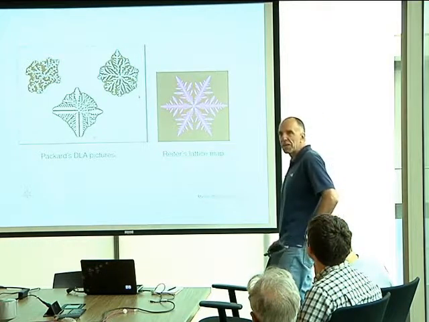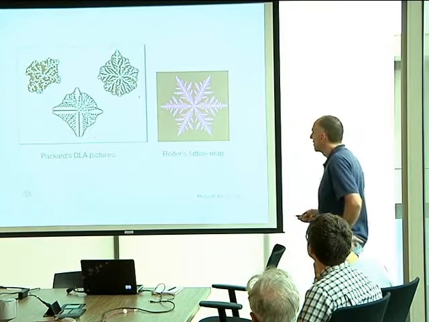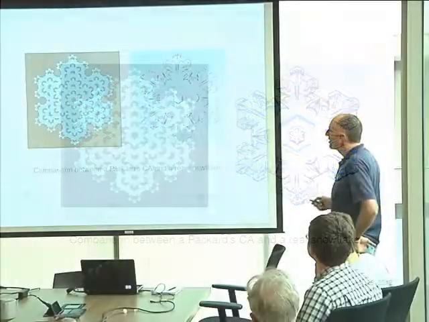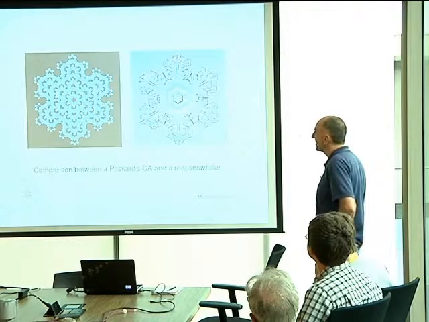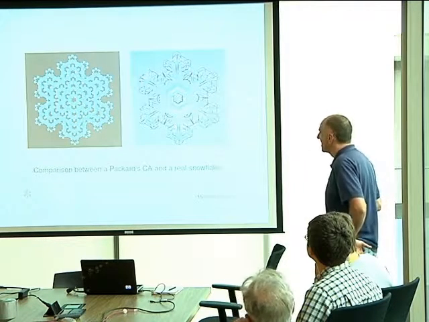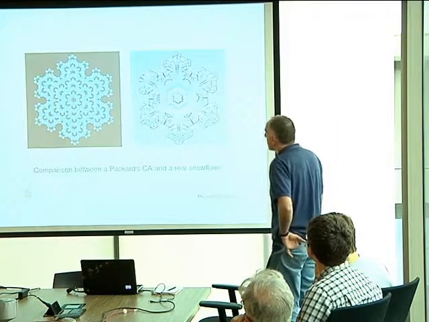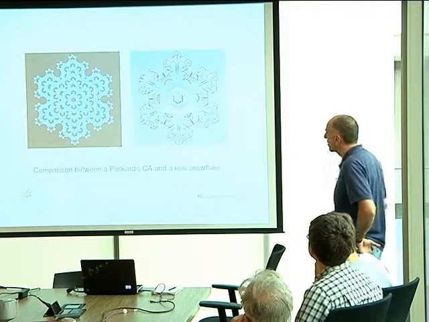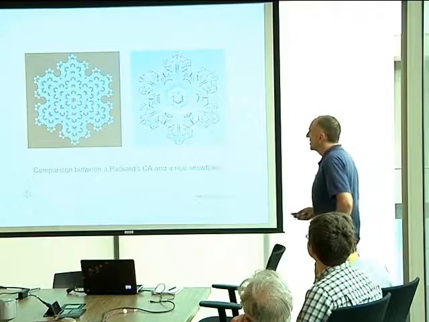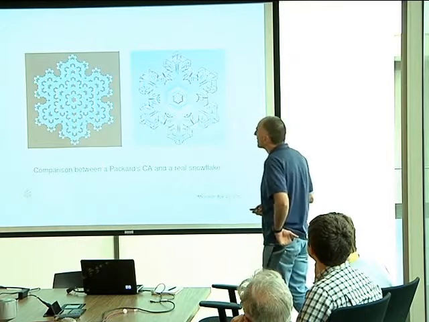There is too much branching. Also, it's two-dimensional. All right. So here, at the very beginning, the stellar automaton looks a bit better than the DLA. So this is Reiter's. This is a Packard stellar automaton, and this is a picture of a real snowflake from Libbrecht's collection. So they look a bit similar. All right. For reasons that we'll see later.